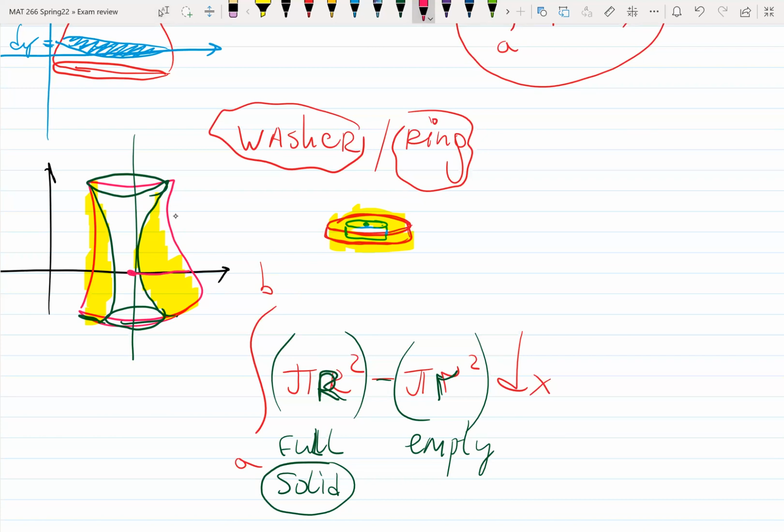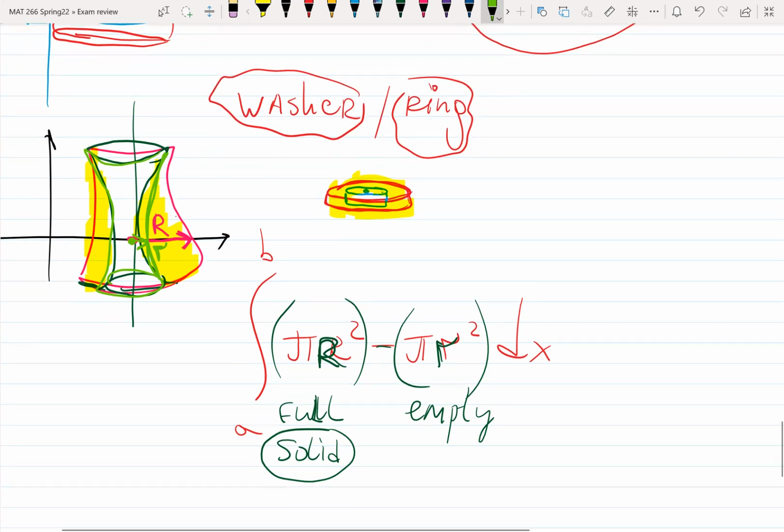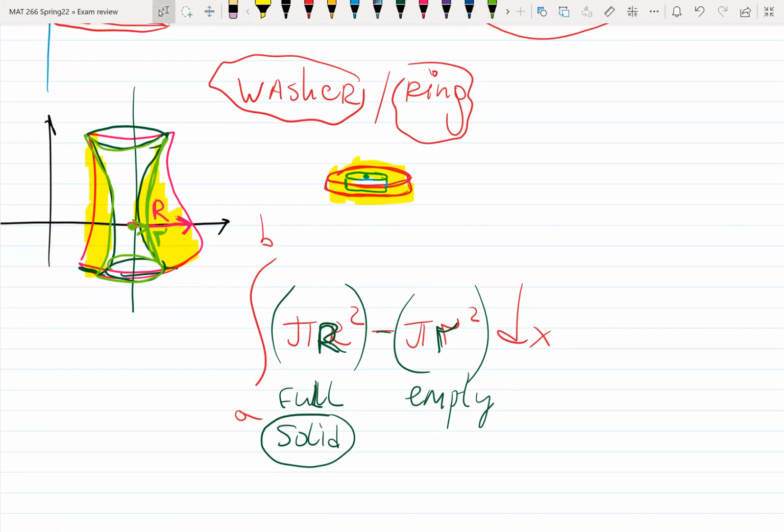The big radius starts from the axis of rotation and goes to the edge, that is R. That is the big one. For the small radius, that's the green, start from the axis of rotation and go to the hollow piece, where the hollow piece begins, done. That is the small r. So big R represents everything. Small r represents only the empty part. Subtracting empty from the full gives you the washer.